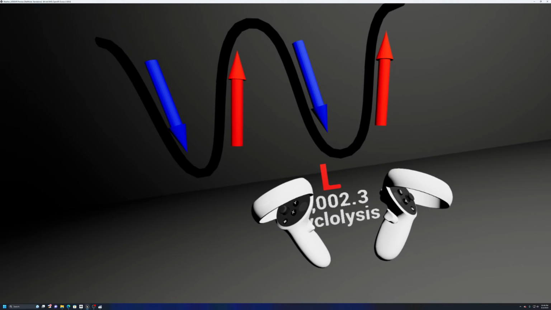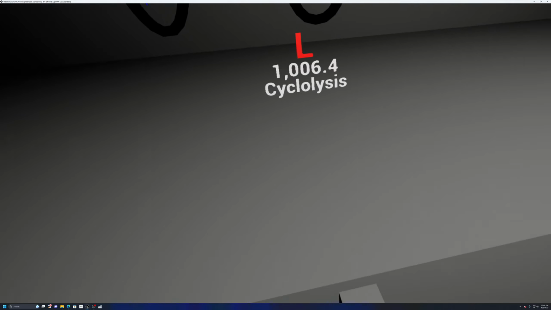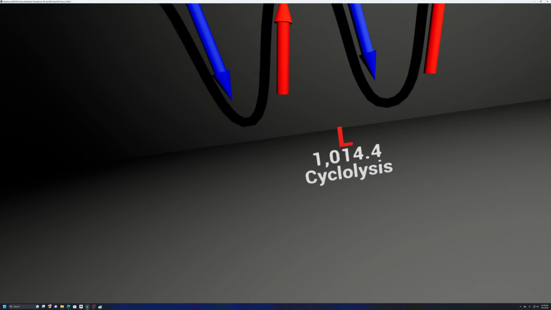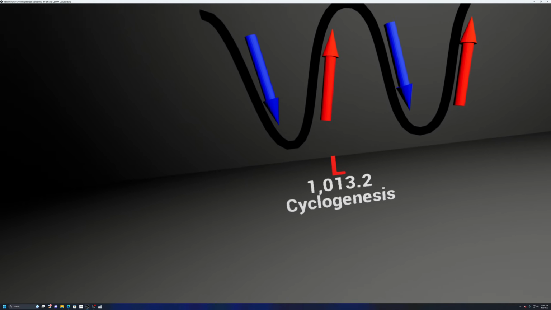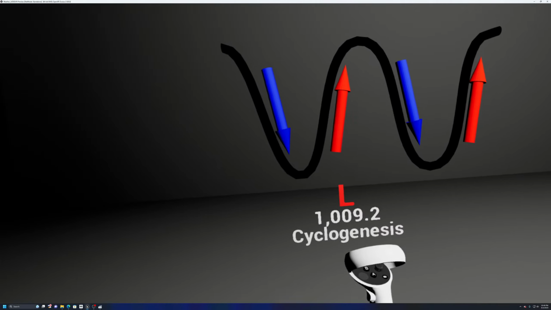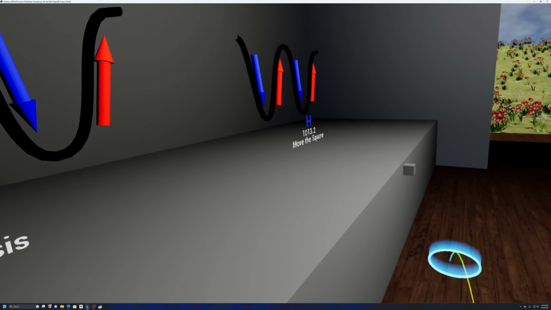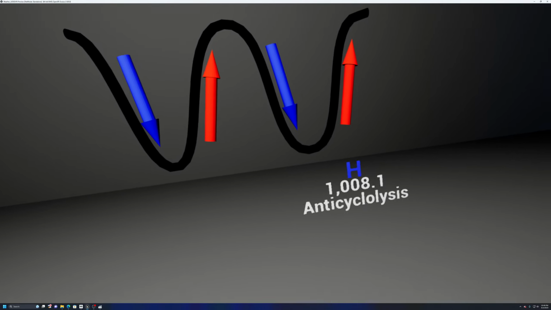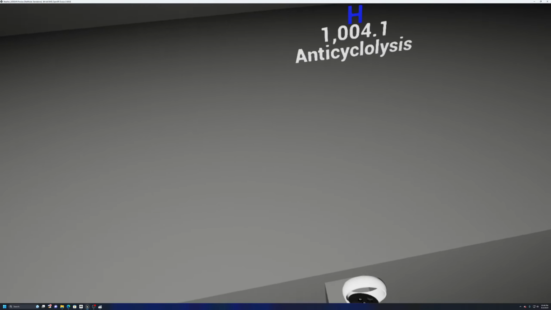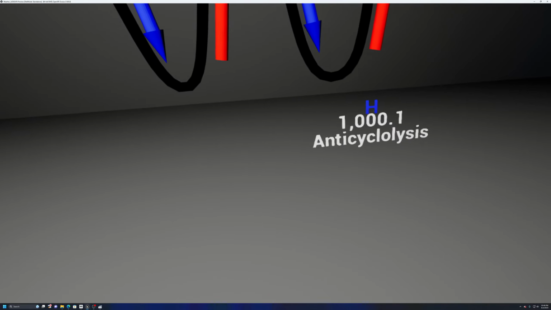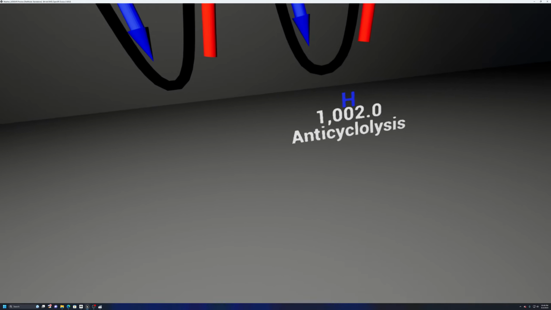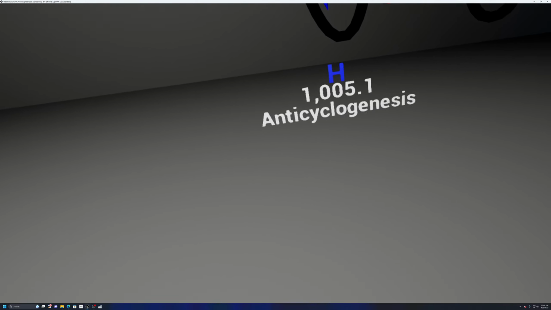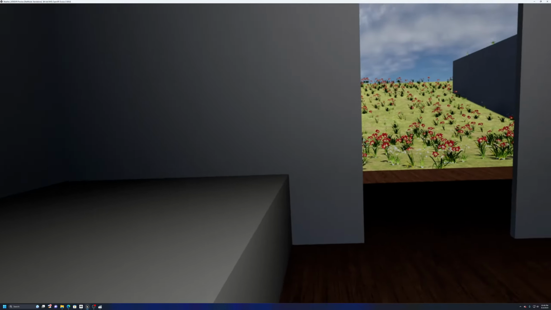That L gets smaller and weaker until we can move it back over to this, and we can have cyclogenesis happen again. And then the same thing for this. Highs want to have more mass, so anti-cyclolysis, anti-cyclogenesis, and then we can go all the way through the process.